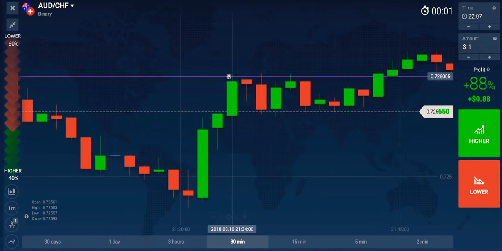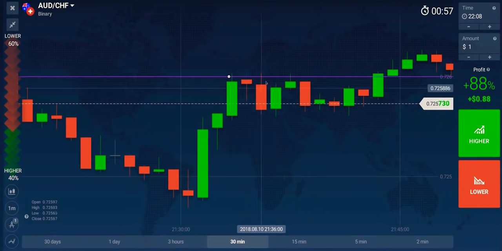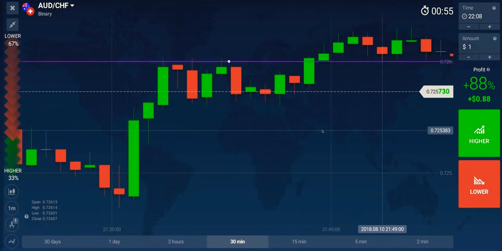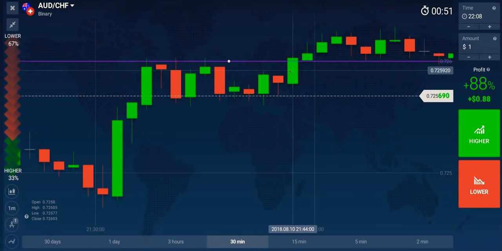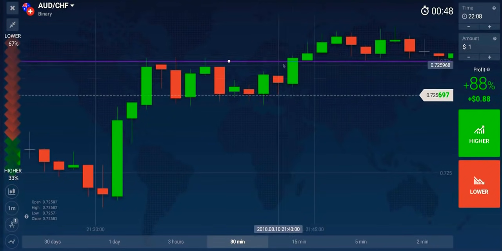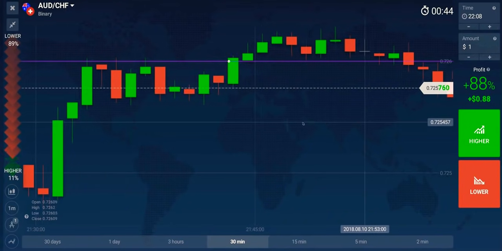After this huge green candle, the market starts going upwards, and this is a very strong round level of 6,000, 0.72. You can see this strong level stops the buying pressure, and it goes into a consolidation and then breaks with another strong pressured candle.